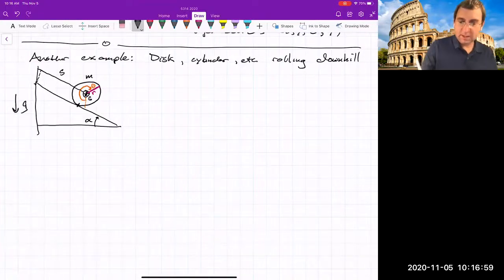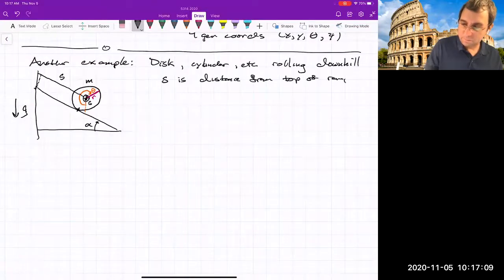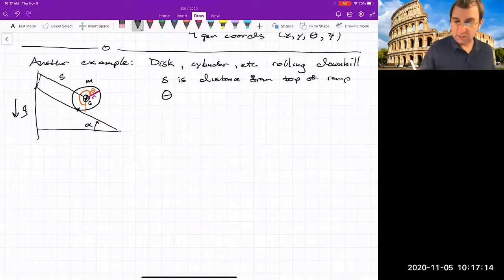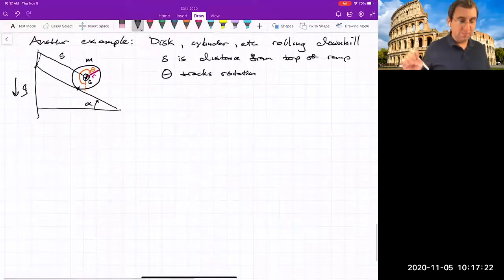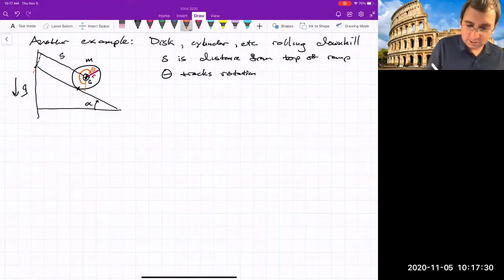This is S. So S is the distance from the top of the ramp, and theta is just an angular variable that tracks how this rotates. So it's a 2D rigid body system. I could also say that this ramp has a certain length, L.